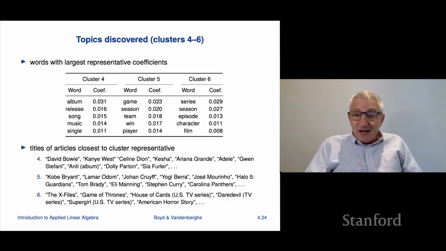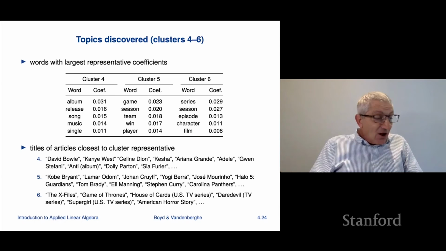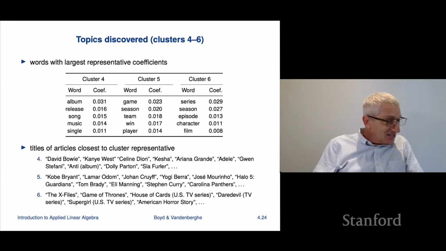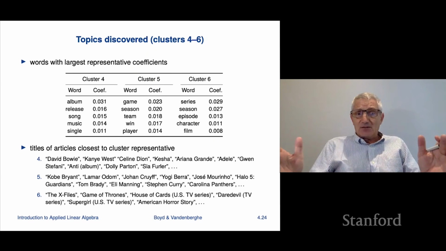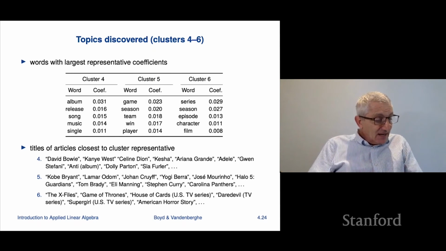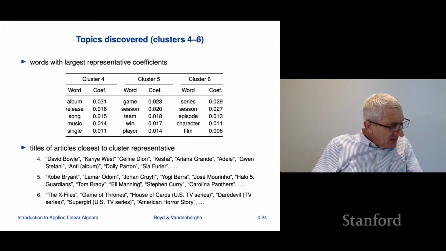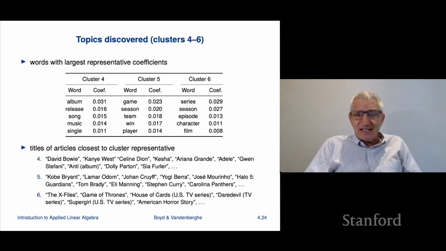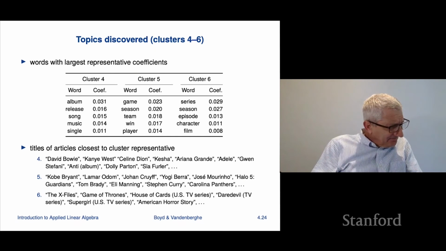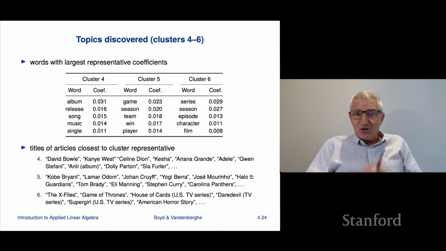For the next clusters, again, they all kind of make sense, right? The first one clearly has to do with singers and singing and things like that. Cluster 5 has to do with sports, and it just figured it out. Cluster 6 has to do with TV series, which is interesting because we're going to see later that movies are a separate one.